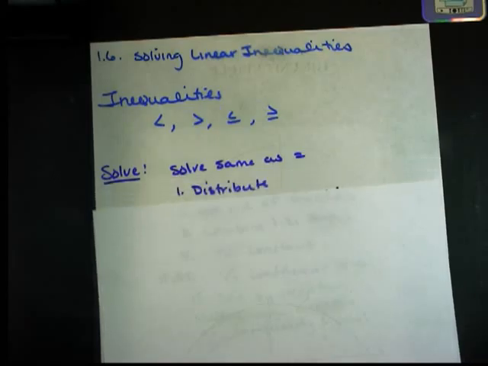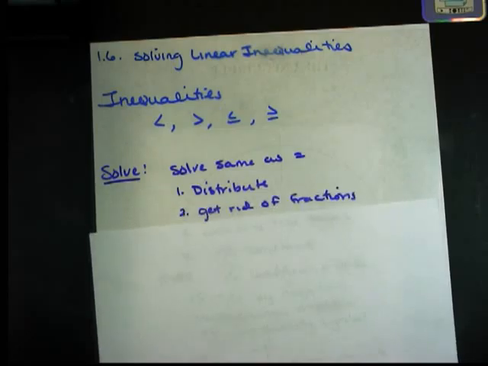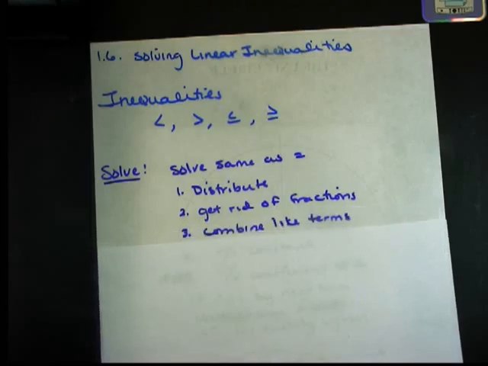We distribute if we can. If there's grouping symbols, we get rid of them. We get rid of fractions the same way we do with our equal sign. We combine like terms, whether those like terms are on the same side or whether they're variables on two sides.